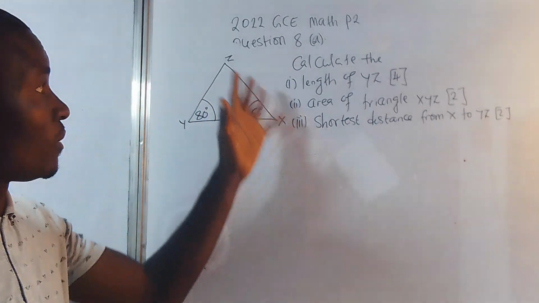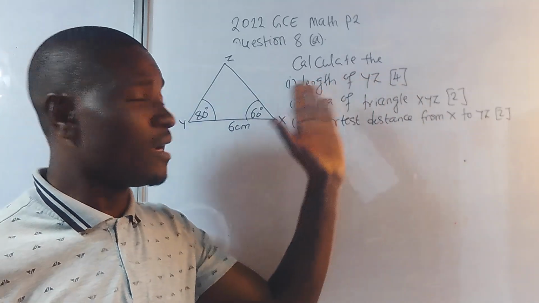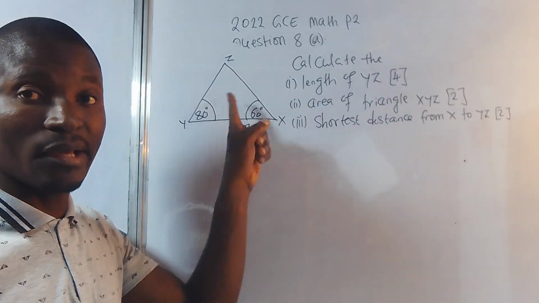Okay, so this is a triangle that we have been given, and it is saying calculate the length of YZ, which is this one.